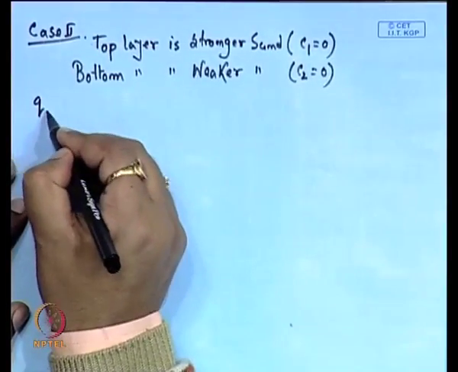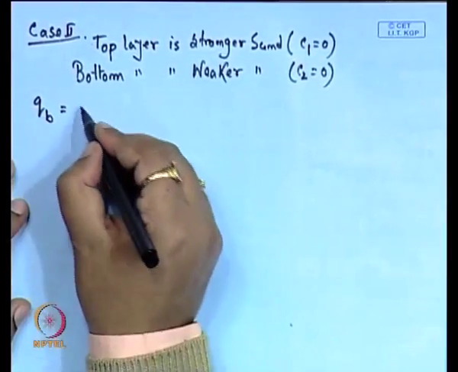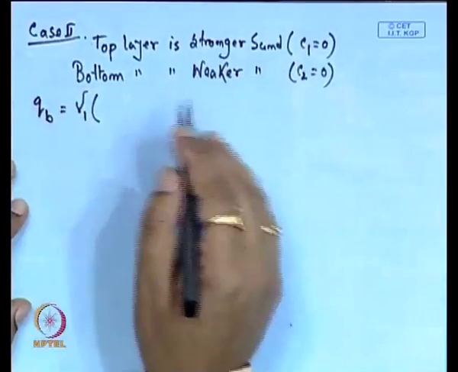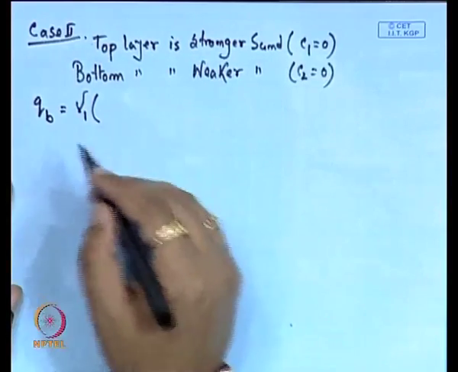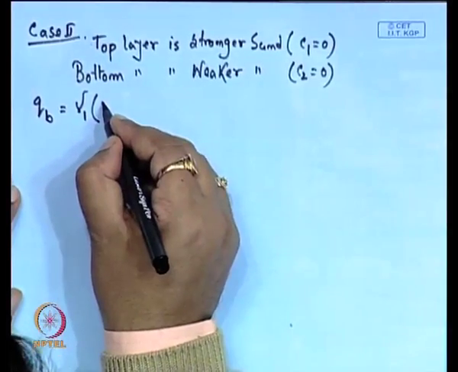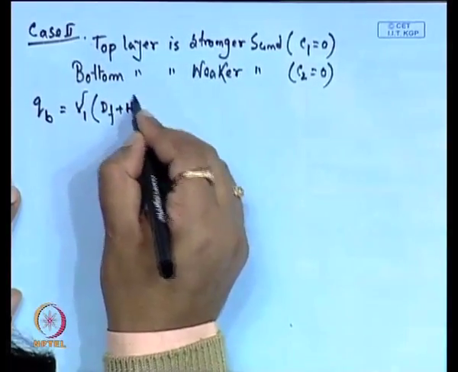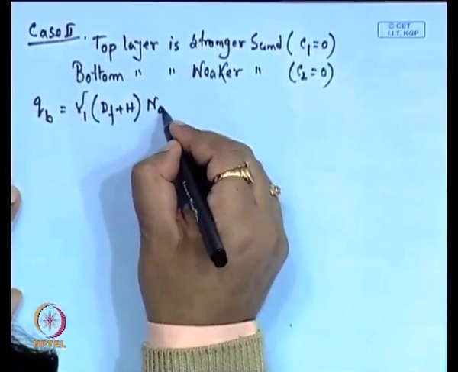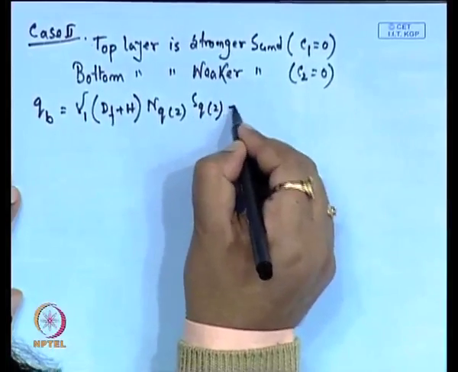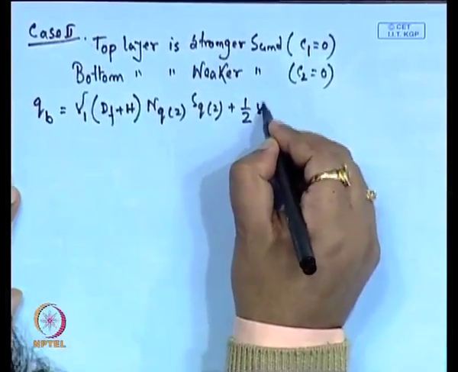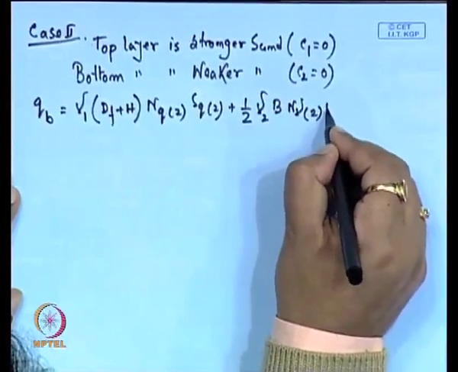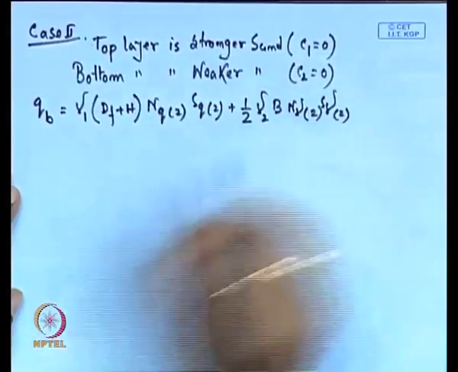So here Qb, because C1 and C2 are both 0, the first term will be 0 for both the cases, Qb and Qt. So Qb will be gamma 1 (df plus H) into Nq2 Sq2 plus half gamma 2 B N gamma 2 S gamma 2.